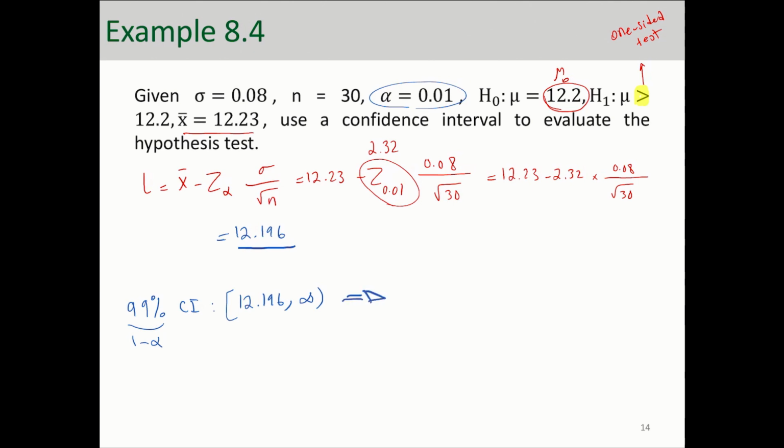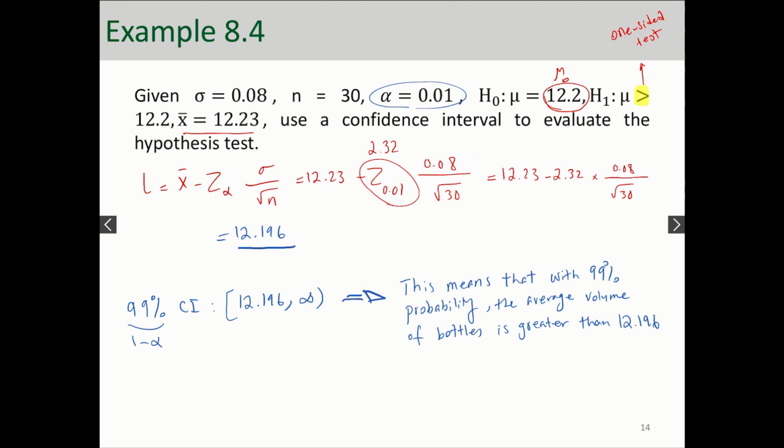And what does this confidence interval mean? This means that with 99% probability, the average volume of bottles is greater than 12.196.